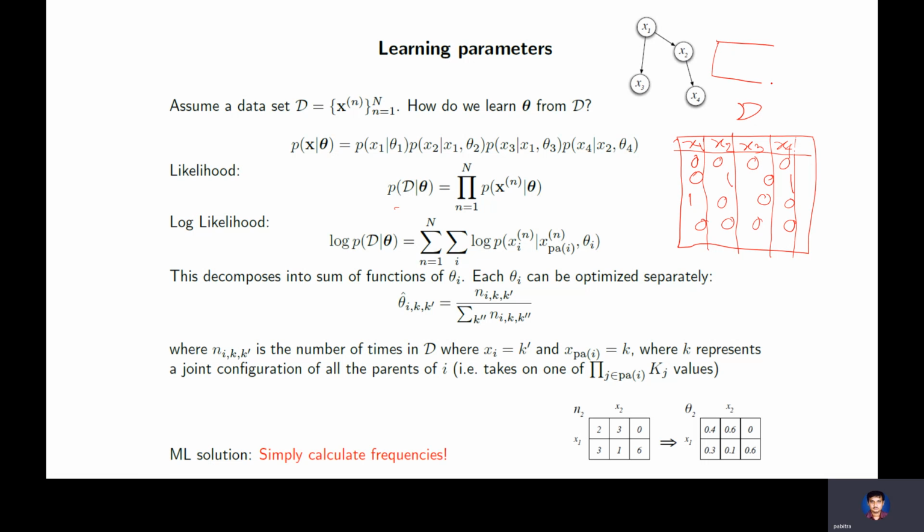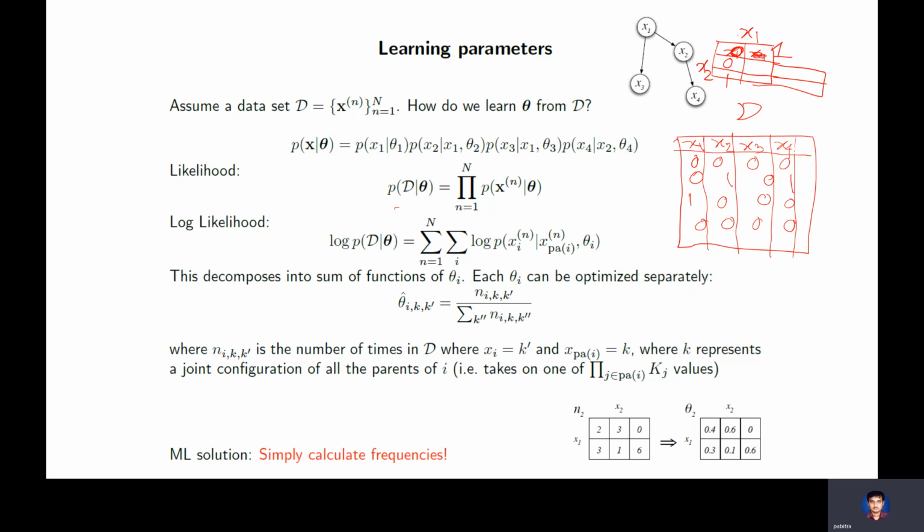It has only one parent, x1, which can be either 0 or 1. Similarly, the current variable x2 can be either 0 or 1. So basically I have a 2×2 CPT.